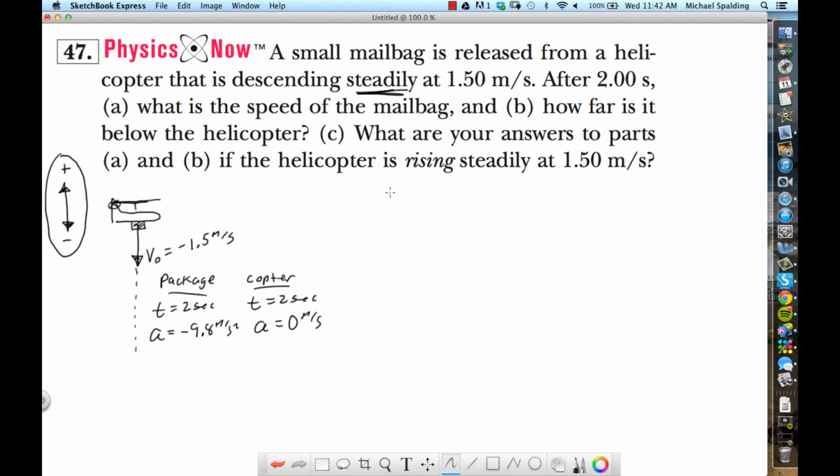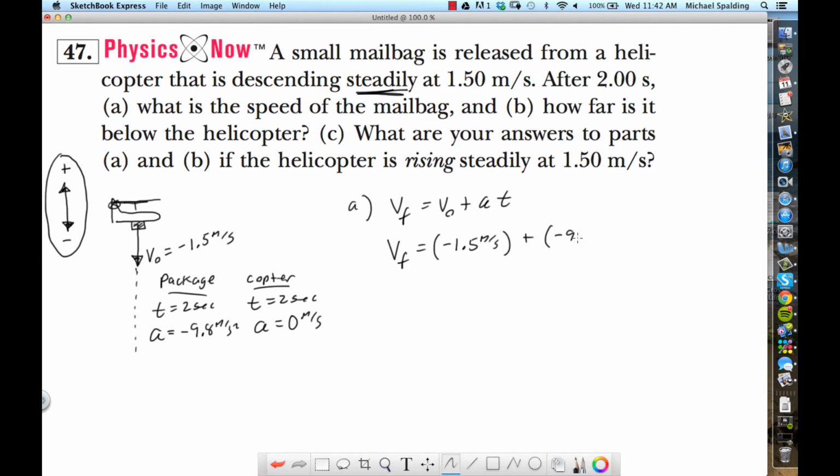All right, so part A, what is the speed of the mailbag? So A, we're going to go VF equals V initial plus AT for the package. So V final. What's V initial for the package? Negative 1.5 plus, and then the acceleration for the package. The package is released, so the package is going to be accelerating at gravity.